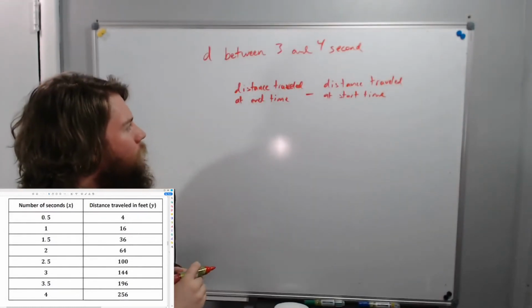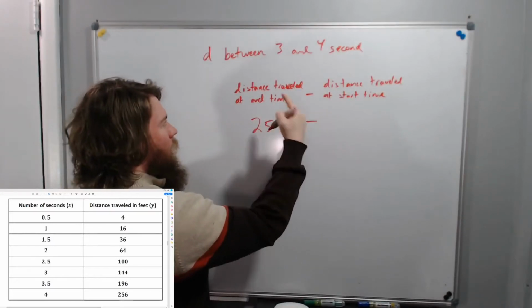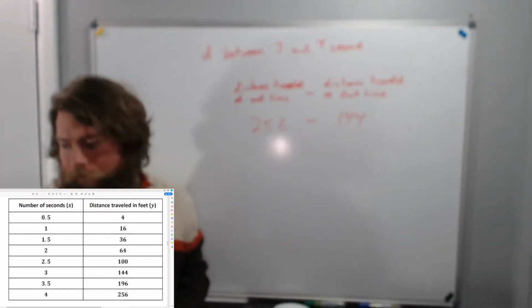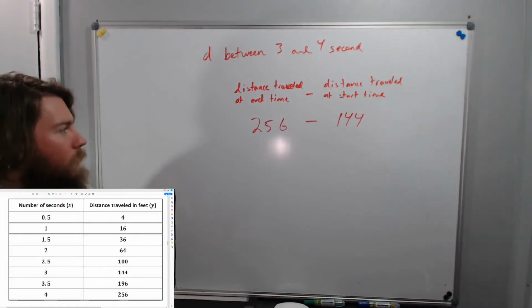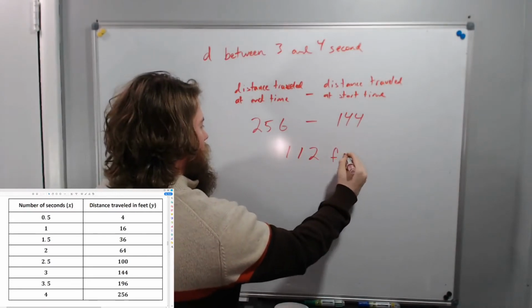Okay, so at 4 seconds, we've gone 256 feet, and at 3 seconds, we said we had gone 144 feet. So 256 minus 144 is going to give us 112 feet.